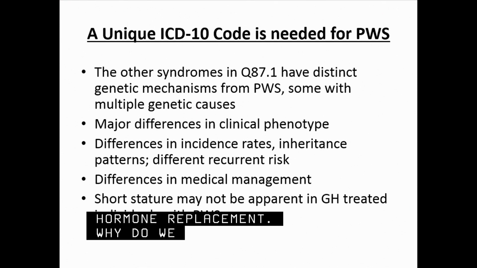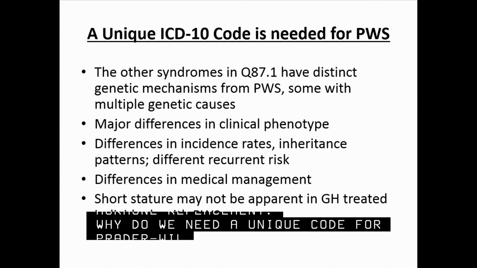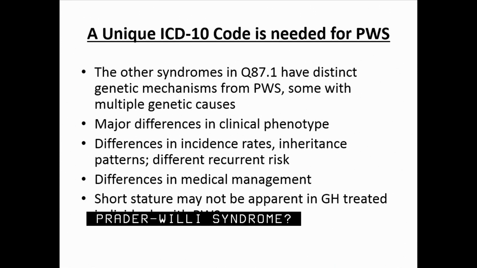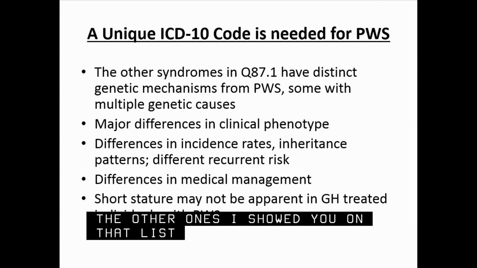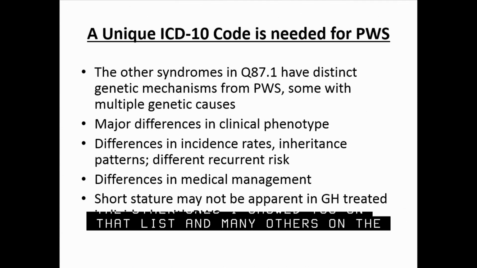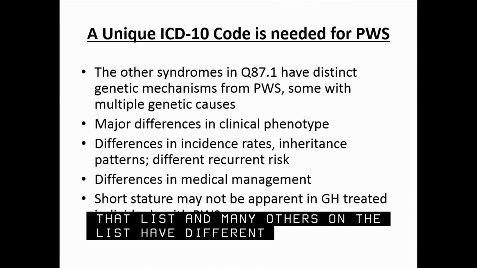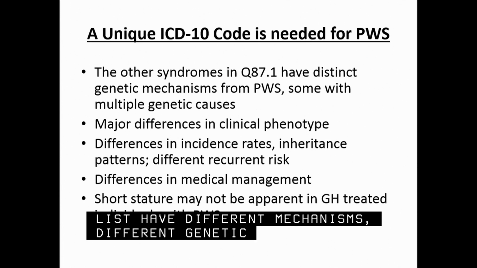The other ones that I showed you on that list, and there's many more that aren't on the list that are Q87.1, have very different mechanisms, different genetic causes, different clinical phenotype, different incidence rate, inheritance, different treatments.